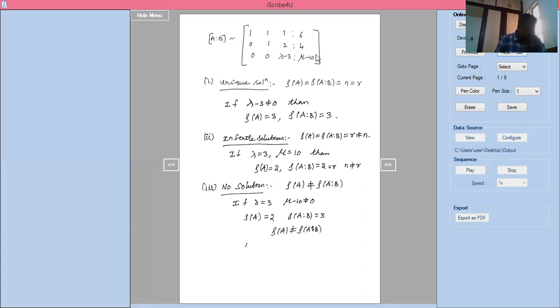The system of equations does not possess any solutions. So this is the required solution for the given problem.